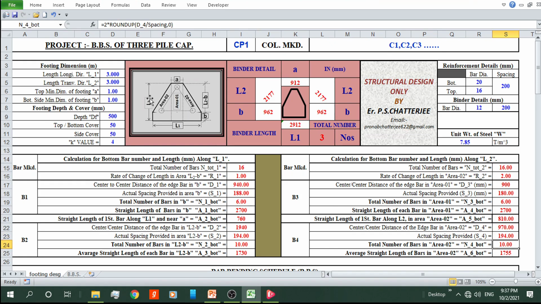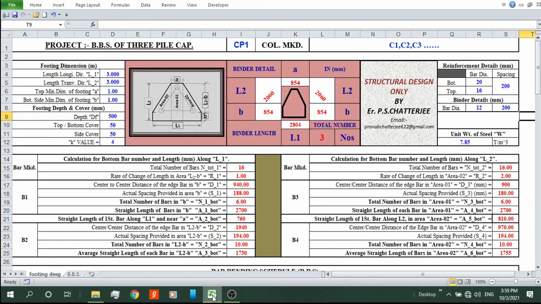Total number of bar in A2, that means this area and this area, is equal to 10 numbers. The formula is average length, this length plus this length divided by 2.